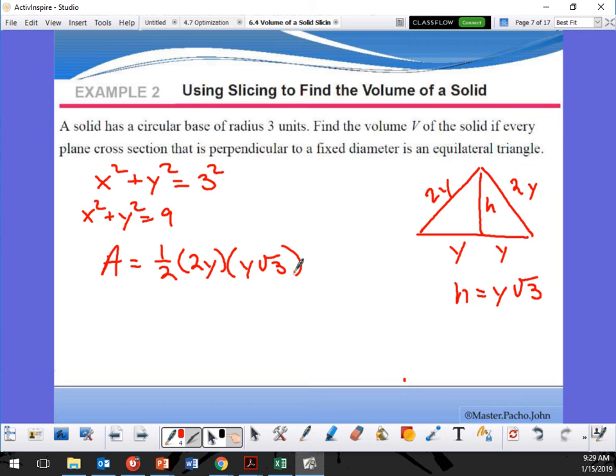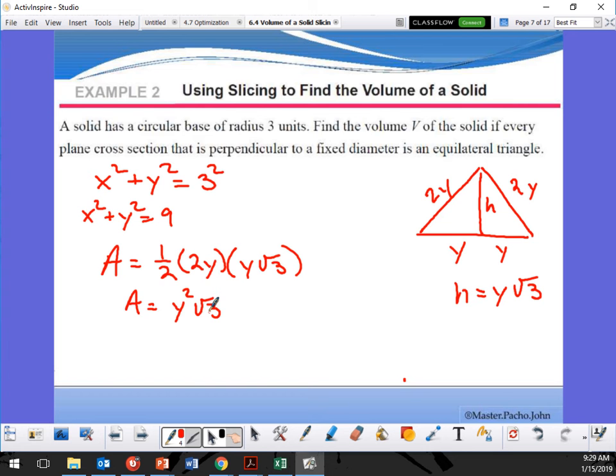That's going to be the area of the cross section. So this gives me area equals y squared root 3. That's the area of the cross section.